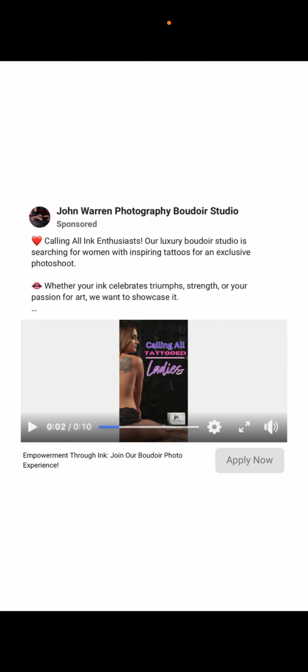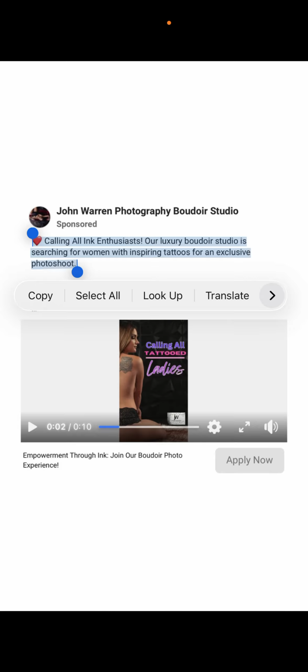And finally, see more headline, first 2 3/4 lines, Facebook newsfeed mobile, ink enthusiasts, exclusive solution. All right, so yeah, we got the lack of context mistake here, lack of context of who we're specifically speaking to.